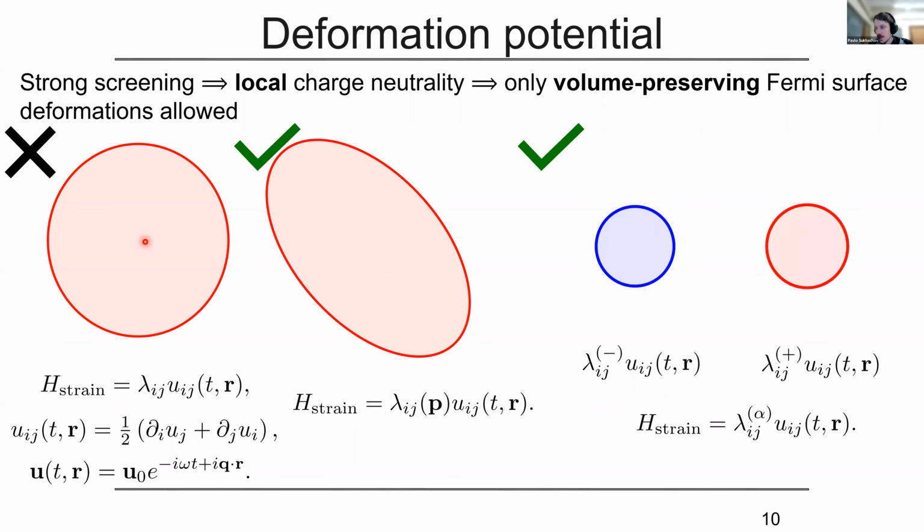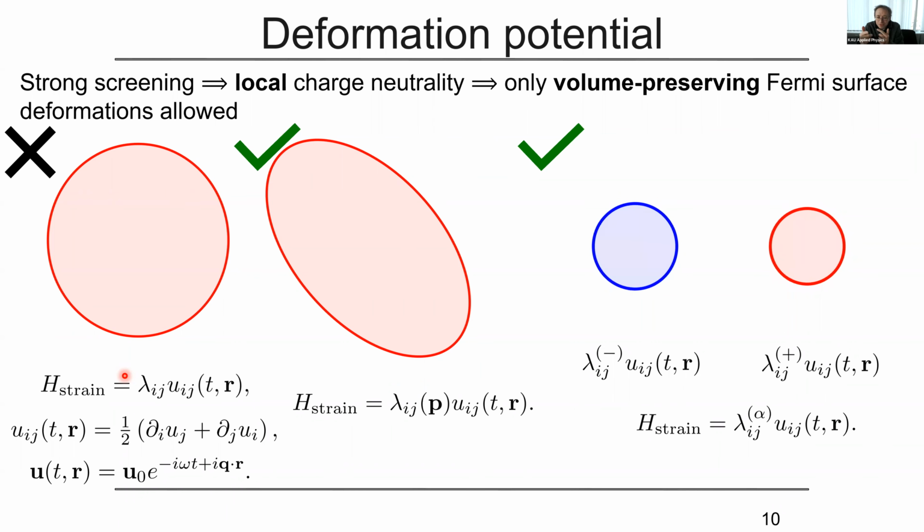One can expand the corresponding correction to the Hamiltonian of electrons in terms of angular harmonics, and the zero angular harmonic essentially leads to an oscillating Fermi surface. It is just more complicated.